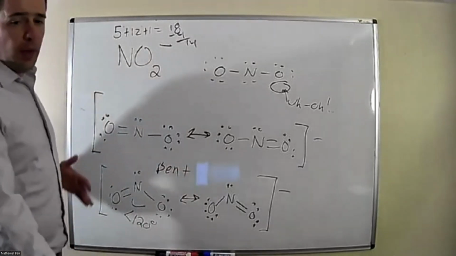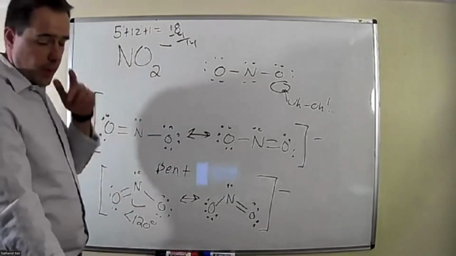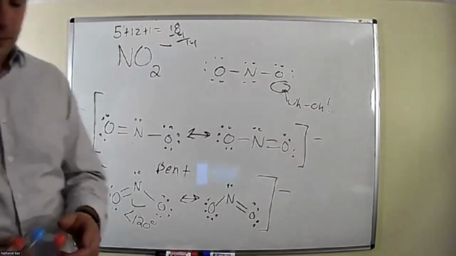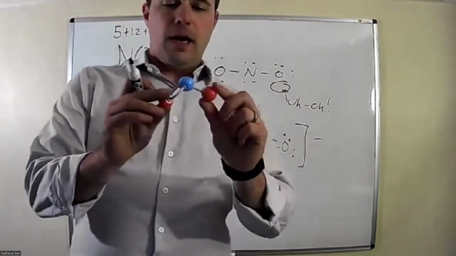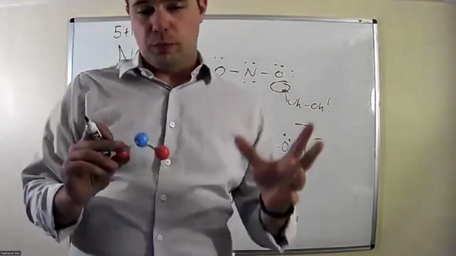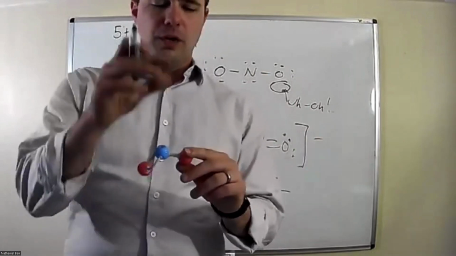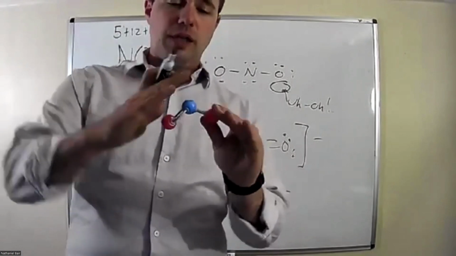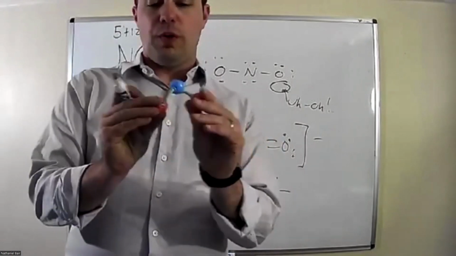Let's talk about why this is less than 120 degrees. We're going to draw a trigonal planar first, with 120 degrees. But what's happening here is the lone pair actually takes up more space and smashes the whole thing down.